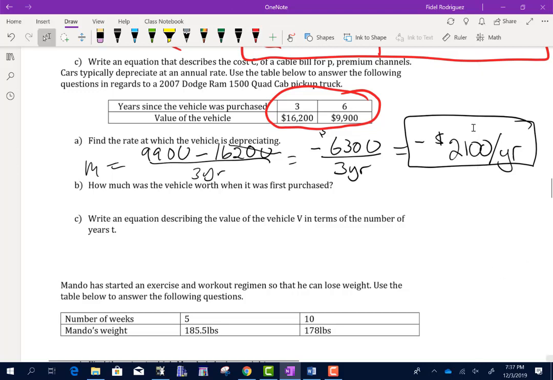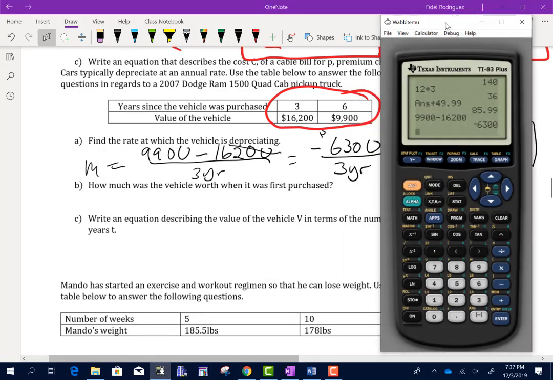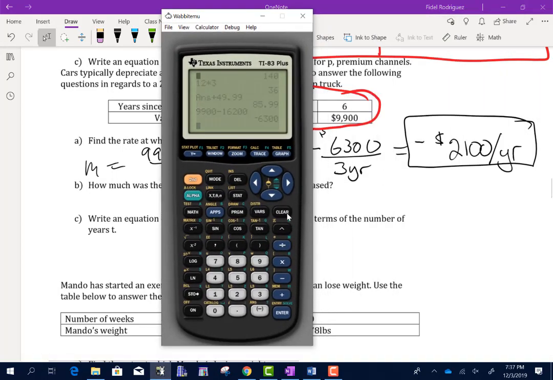We know every year it's going down 2,100, right? Okay, add 16,200. What are you going to add to it? 3 years of what? 2,100. Okay. So would you do this? Would you say, look, let me clear this out. We're going to take 2,100 times 3, and then we're going to add it to how much?